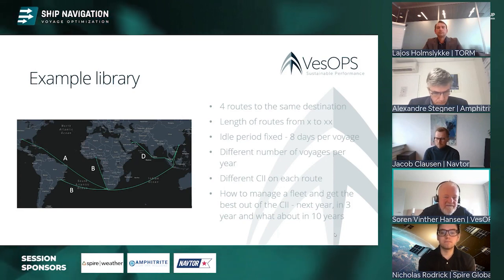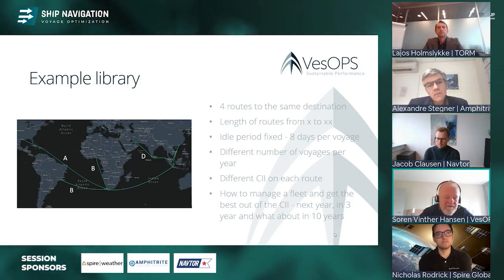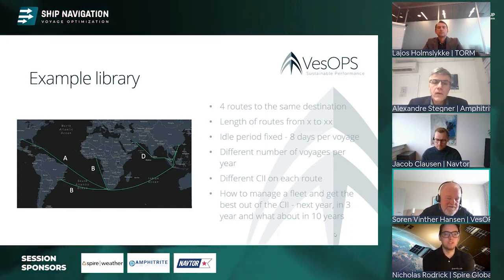And then, of course, if you have a long route, you can do so many voyages per year, and if you have a short route, you can do so many voyages a year. But what's good for the CII is the long route.